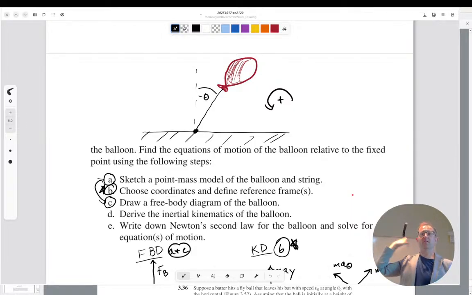And right now it's at a negative theta direction. Yeah. We could have also said, this is theta.